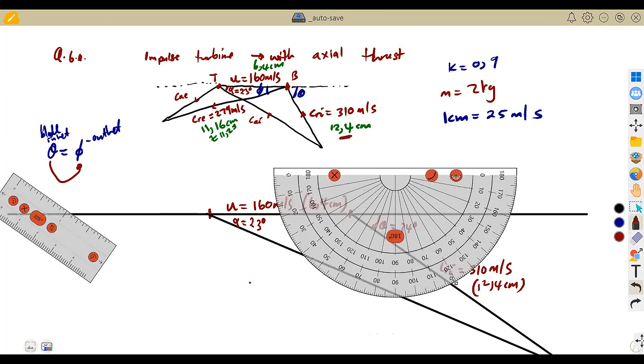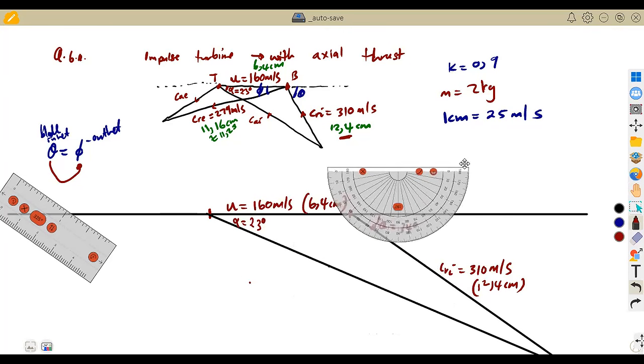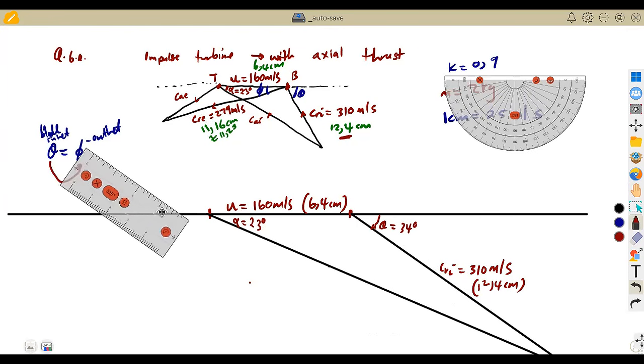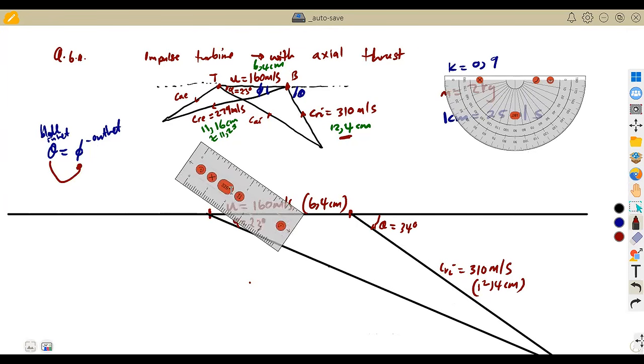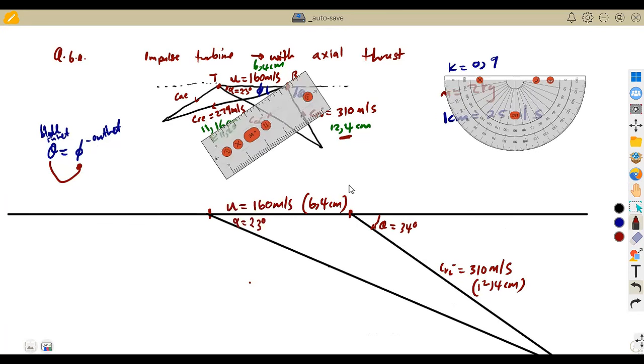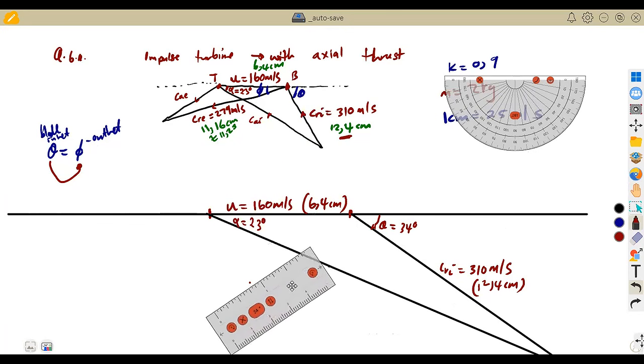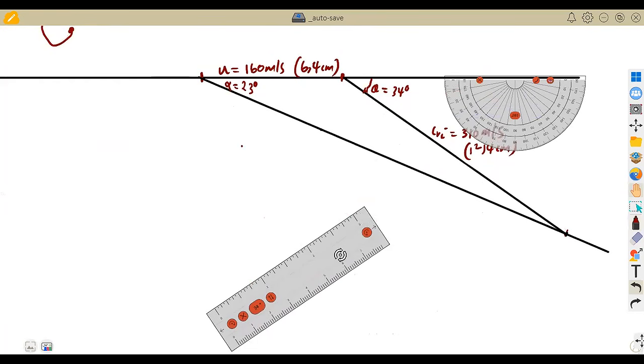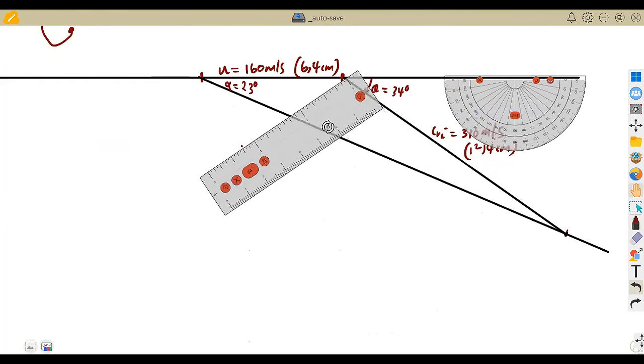All right, so meaning to say we can construct the line of what? Of the exit relative velocity in this case. All right, so let's see what we're supposed to have at the end. If we are to join these two, here we're just going to extend a line, and also the distance there, you have it, so you can even measure it once.